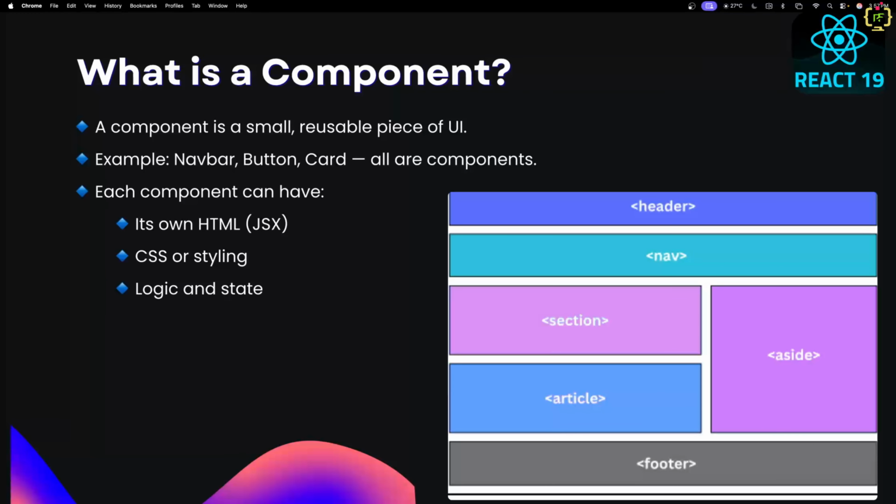And also this can have CSS or a styling for designing that specific UI. So let's say in this header, we have a separate component and there will have a separate CSS for styling that header area only. So regarding the component, we will dig deeper into our upcoming episodes, because in React, everything will be component and mostly we will be working on the components.